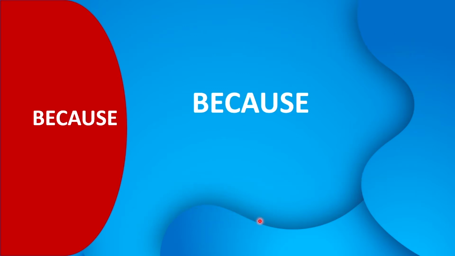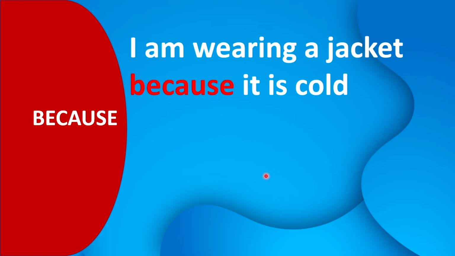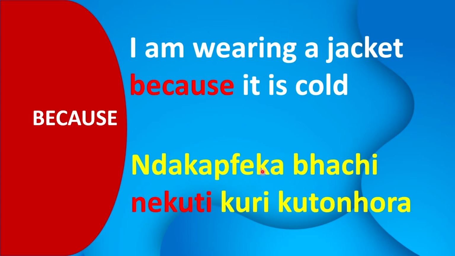Okay, now going to the next conjunction, "because". In Shona it becomes the word nekuti. So let's use it in an example. I am wearing a jacket because it is cold. In Shona it becomes ndakapfeka bhachi nekuti kuri kutonhora.